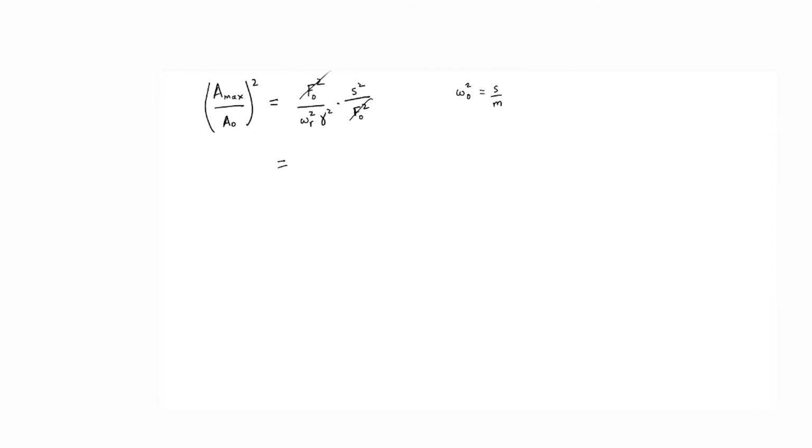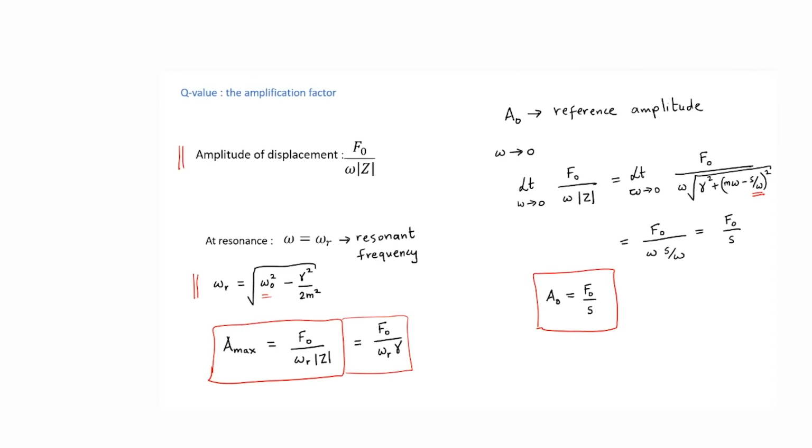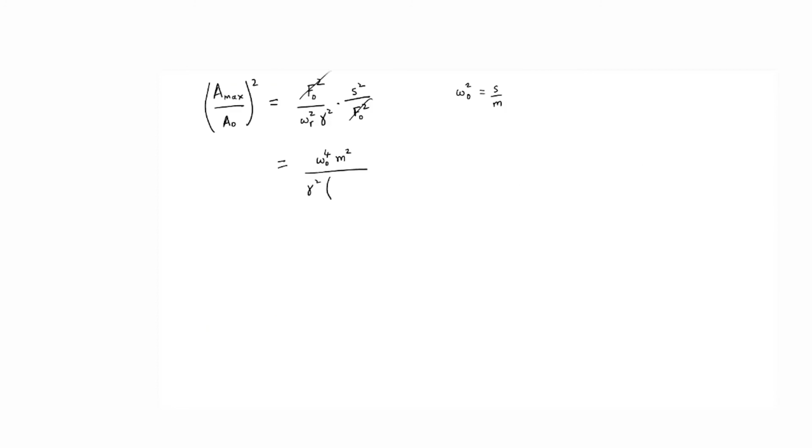I can replace S square by omega 0 to the power 4 into m square divided by gamma square, and omega r square is the expression that we already have here, which is omega 0 square minus gamma square by 4 m square.